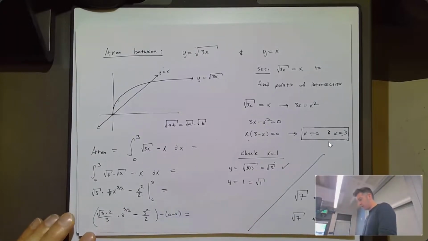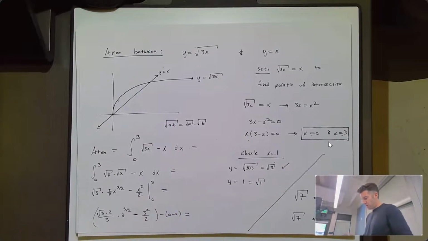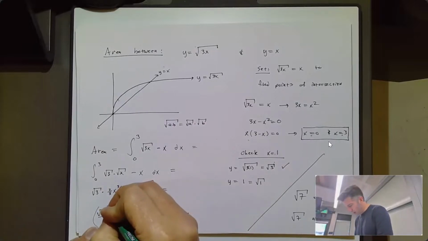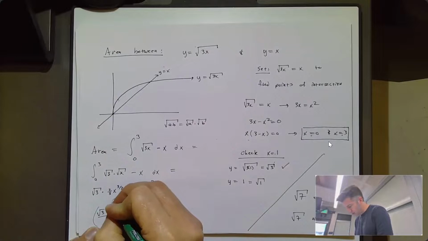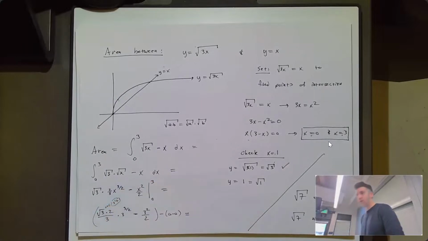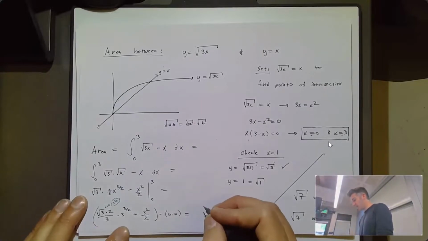But I should point out here that the square root of 3, I could rewrite as 3 to the 1/2 power. And then I will notice that I have a 3 to the 1/2 times 3 to the 3/2. And when you multiply those together, what do you do with the powers? And what's 1/2 plus 3/2? 2. So this ends up simplifying rather nicely.